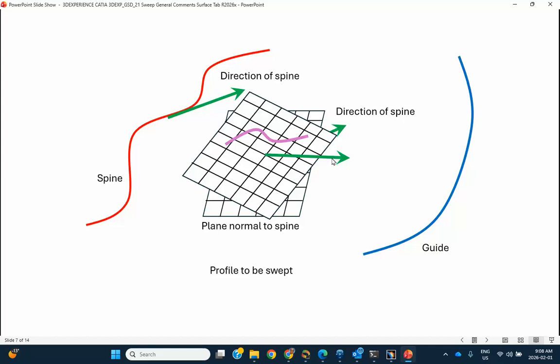Now the question is, it's not uniquely defined. When we say move along the guide, in the direction of the normal to this plane, what does it mean? That is, for example, those three subtypes that I showed you in the initial slide.